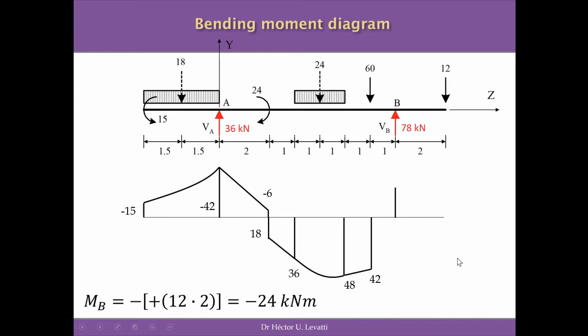We can connect these 2 points with a line, and we can connect again these 2 points with a line because between 78 kilonewton and 12 kilonewton, we are between forces, and the distribution of the moment will be linear. And of course, the moment at the end of this beam is equal to 0 because there is no force or moment applied that will produce any value of moment different to 0.